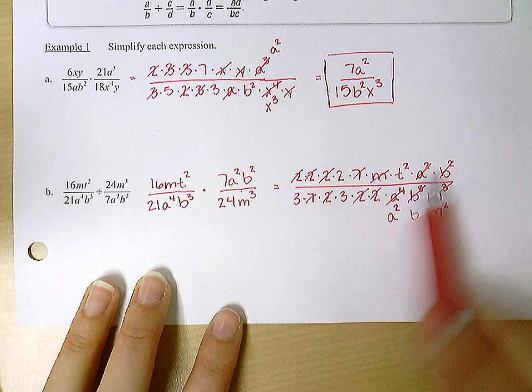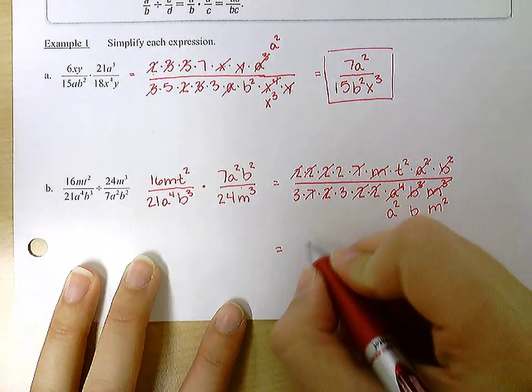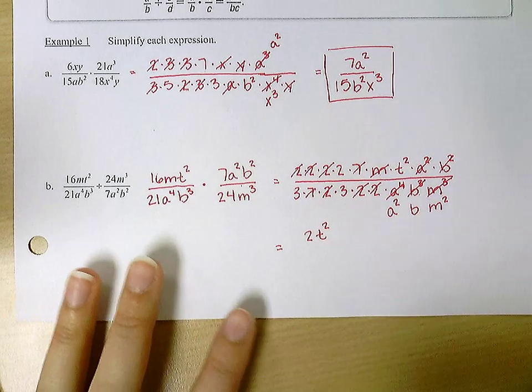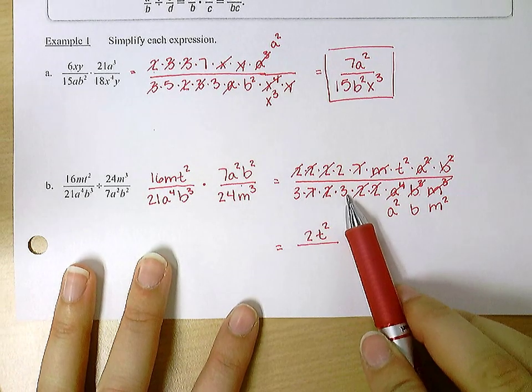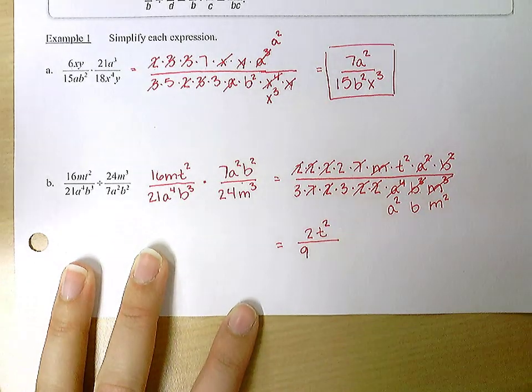So I can rewrite my fraction now. I have a 2 and a t squared in the numerator. I have a 3 times 3 in the denominator, so that's 9.